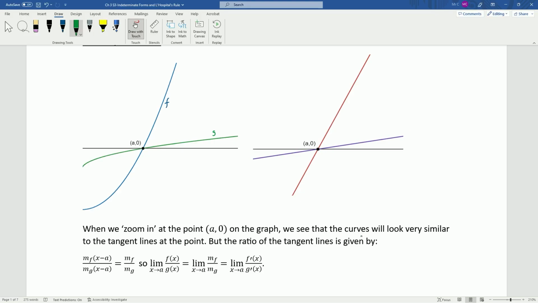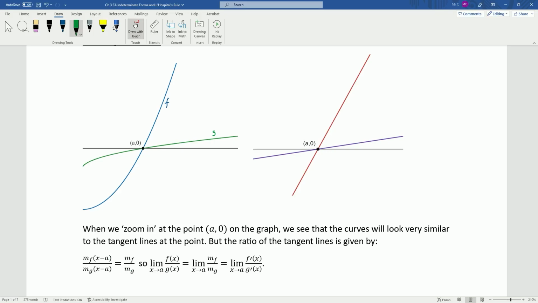But the ratio of the tangent lines is given by the slope of f, the tangent line of f, times x minus a, divided by the slope of g times x minus a, which is just the slope of f divided by the slope of g. And when I say the slope of those functions, I mean the slope of their tangent lines, these here.